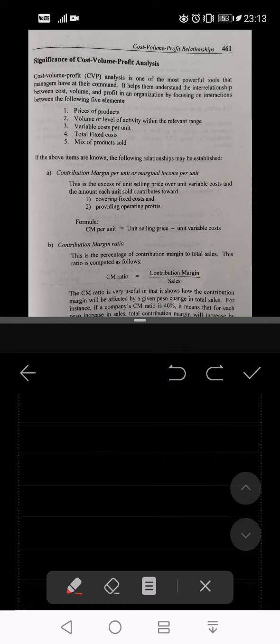Therefore you will get the contribution margin per unit.